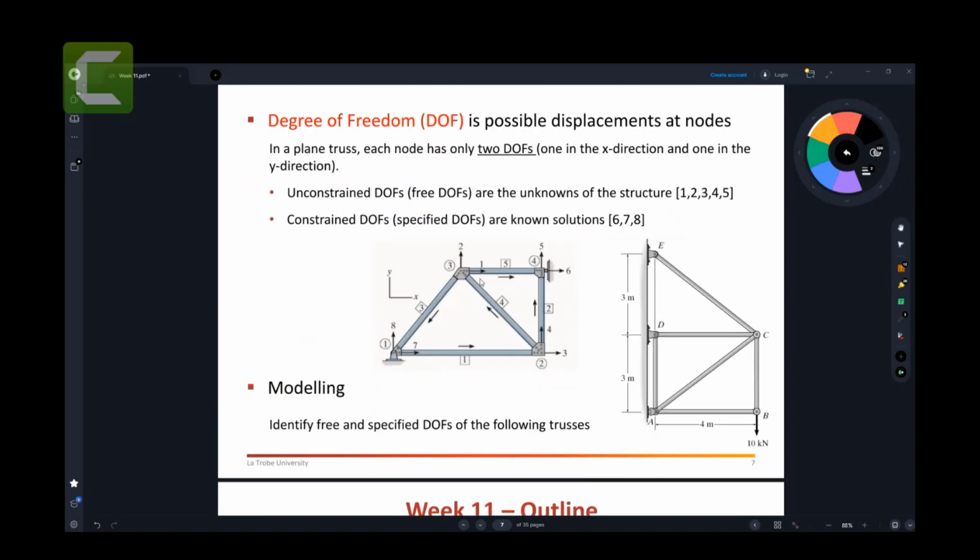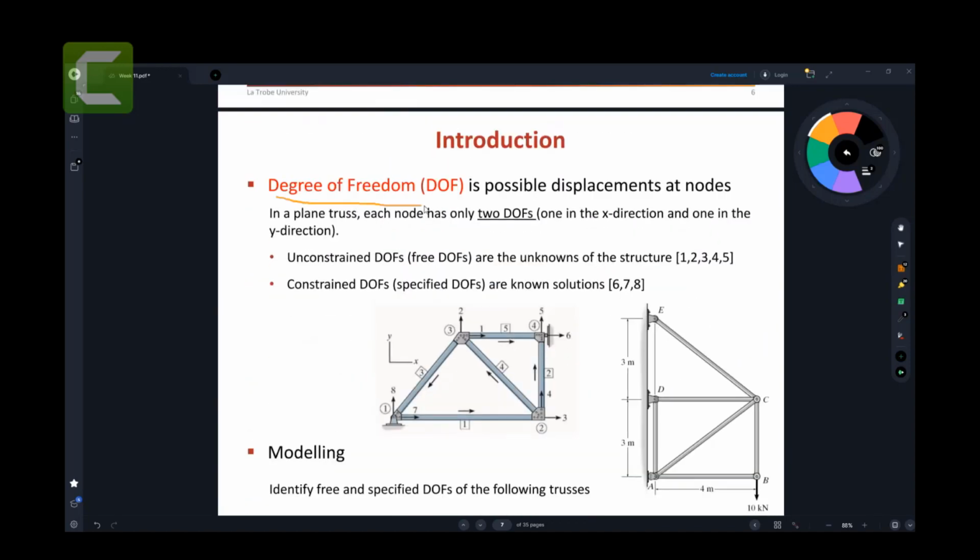Now, degrees of freedom. I already mentioned the degrees of freedom, and I'm going to provide further information about the unconstrained and constrained degrees of freedom, or free degrees of freedom and fixed degrees of freedom. Please pay attention here.